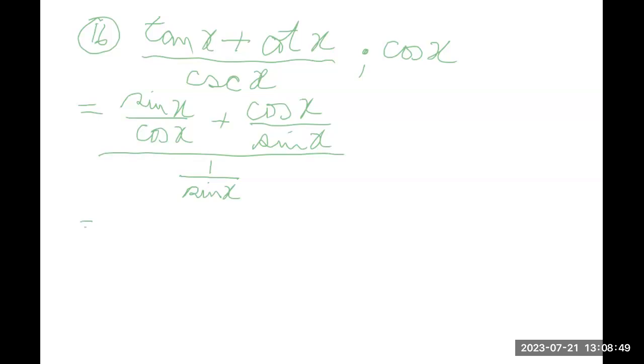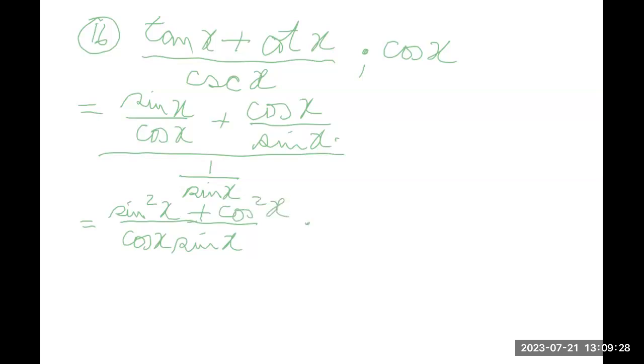So this becomes, using cosine x sine x as a denominator, in the first numerator, which was sine x, now needs to be multiplied with this sine x in the denominator, so that it becomes sine square x. In the second term, we already have a sine x in the denominator, so what's missing is cosine. So you multiply top and bottom by cosine, and that becomes cosine square x.